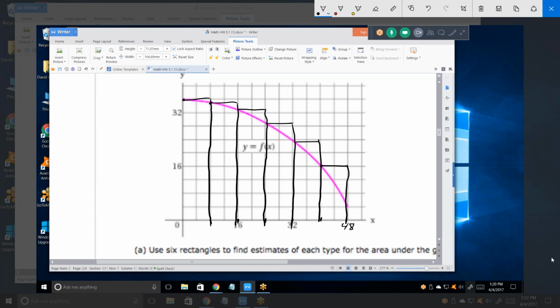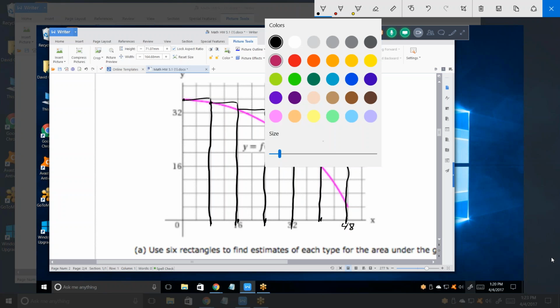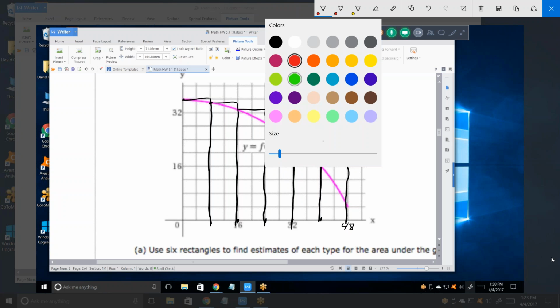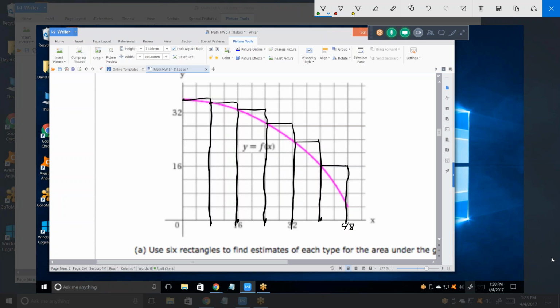Now here I used left RAM, but we're overestimating by a lot. And if I were to put right RAM in there in red, red's not a good color to use, let's use green. If I were to put right RAM in there, that's where my first rectangle would go. See why?